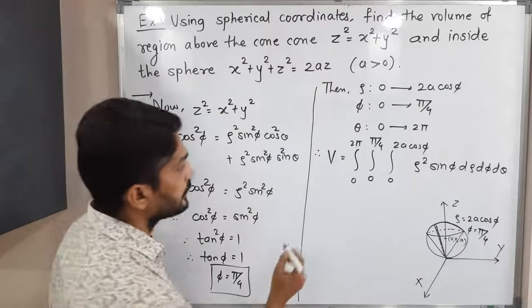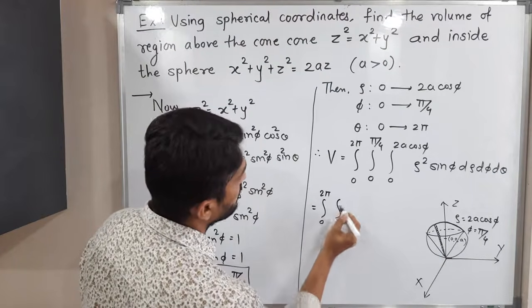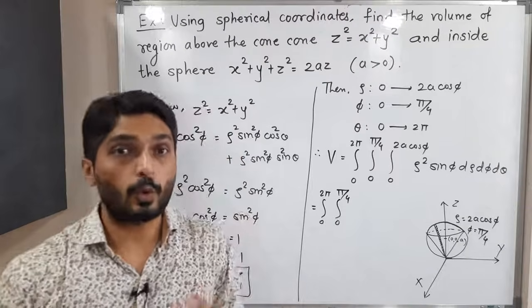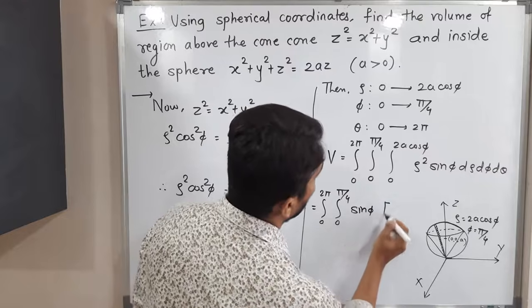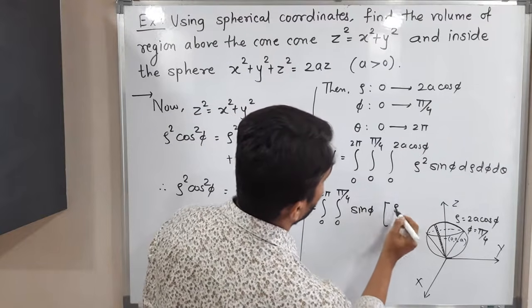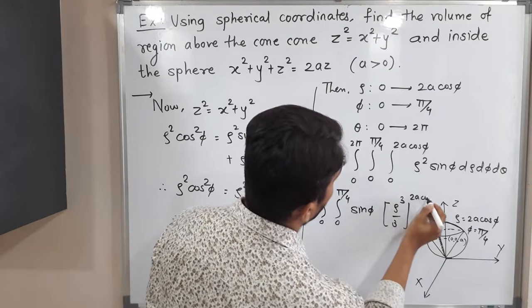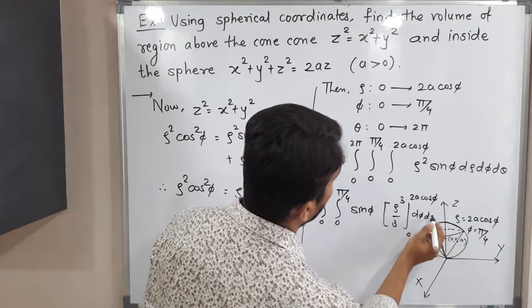Let us go further. I will solve inner integration first, 0 to 2 pi, 0 to pi by 4. Integration with respect to rho, sin phi is constant, we can take it outside. Integration of rho square will be rho cube by 3 with limit 0 to 2a cos phi, and I should write here d phi d theta.